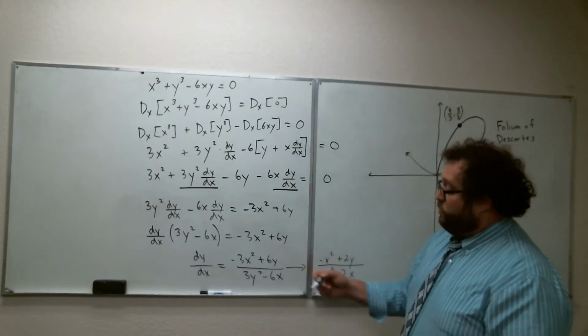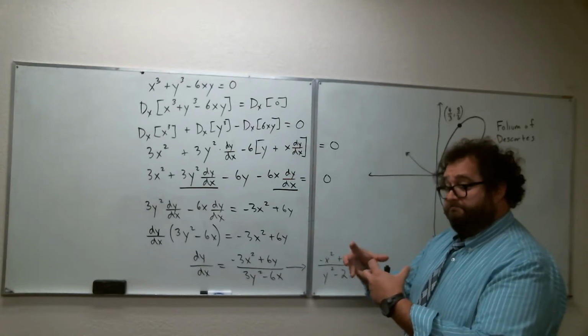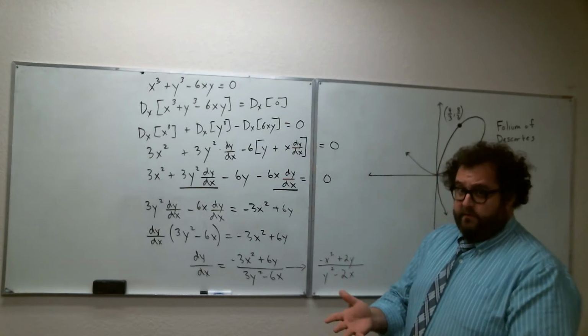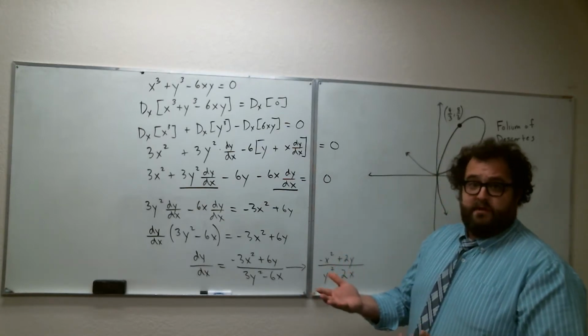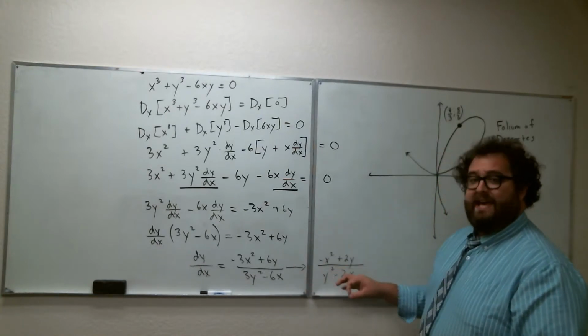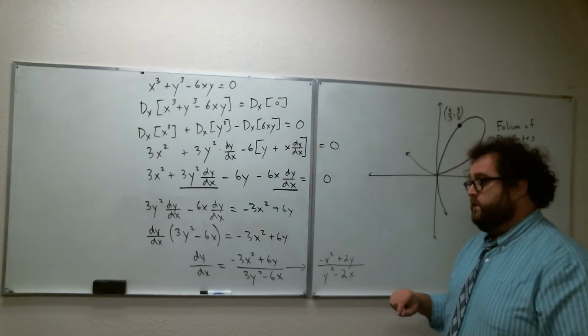Now, if that's the derivative, the interpretation of the implicit derivative is the same as the regular derivative. This gives the slope of all the tangent lines at all the ordered pairs on this curve.